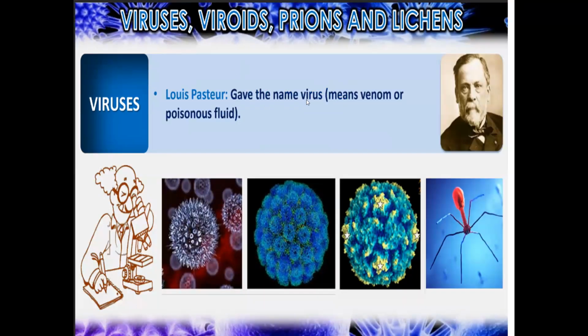The name virus was given by Louis Pasteur. Virus means venom or poisonous fluid. Okay, these are all viruses. This is the structure of a virus, like Spider-Man, but very, very small.